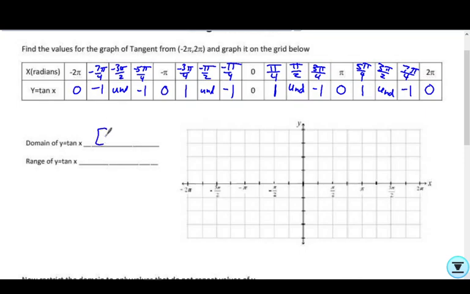So again, for this part, negative 2 pi to 2 pi. But for our range, it's from negative infinity to infinity. Okay? And basically, 3 pi over 2, this is 1, so it goes like that.